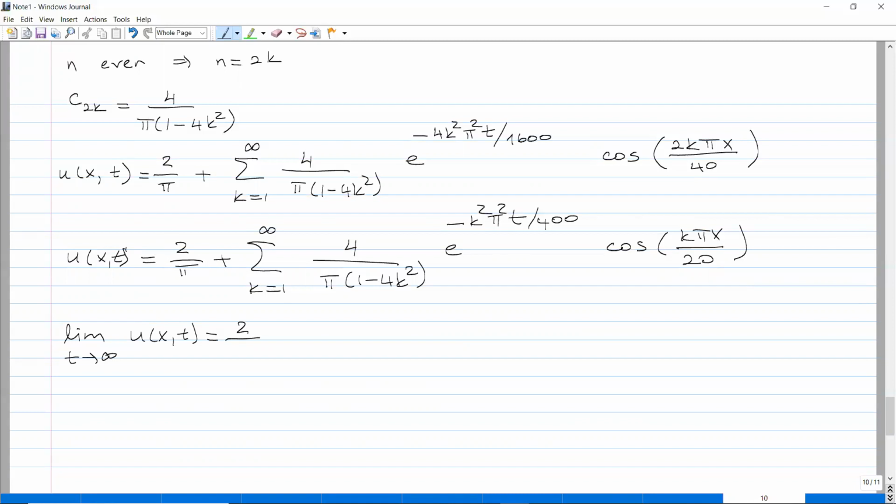So the limit is going to be the constant 2 over pi. So eventually, the temperature on the rod is going to be constant at 2 over pi. Constant temperature. It makes sense, right? Ends are insulated, no heat escapes. So the heat eventually is going to distribute evenly. So we expect it to be constant, and that constant is 2 over pi.